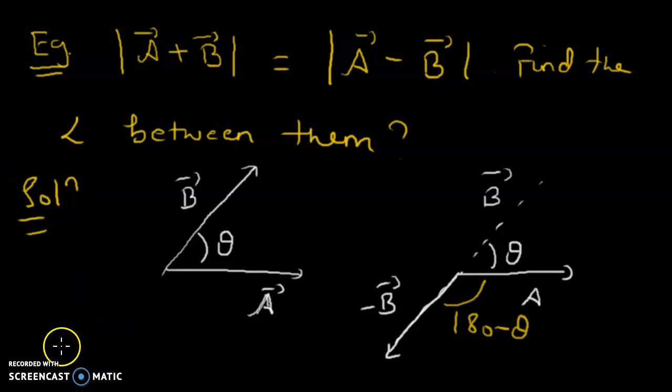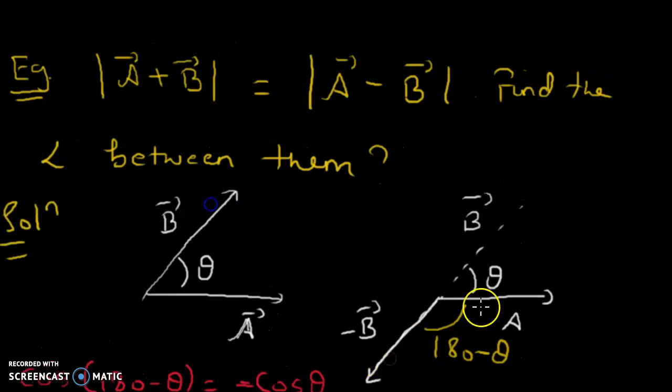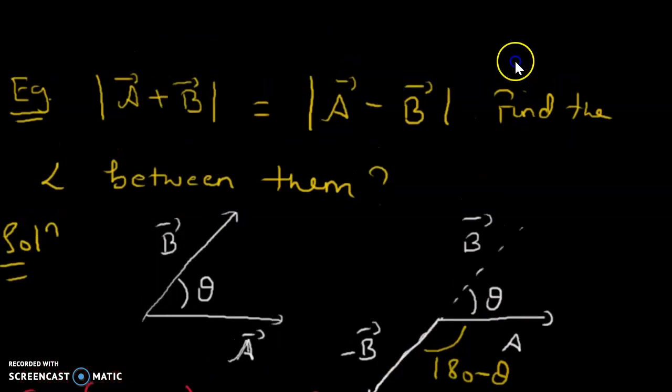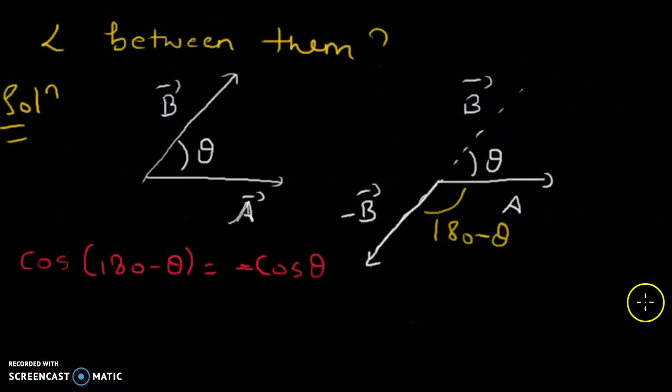Because we have already discussed difference of vectors, cos theta in that case would be cos of 180 minus theta, that would be negative of cos theta. So for the difference of vectors, you just need to replace it with negative cos theta, nothing else.